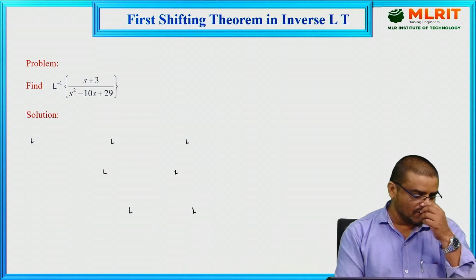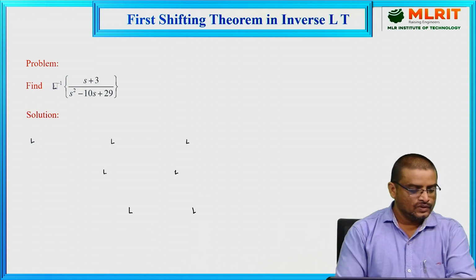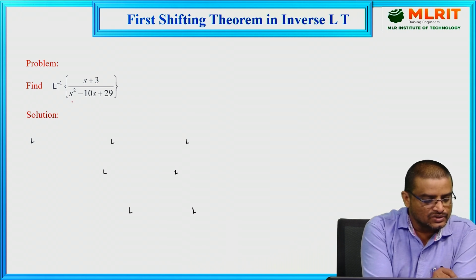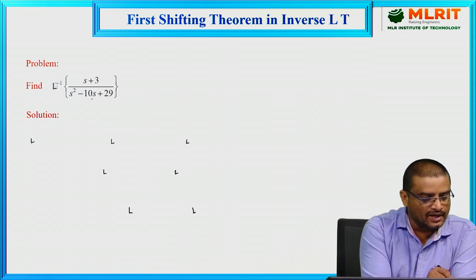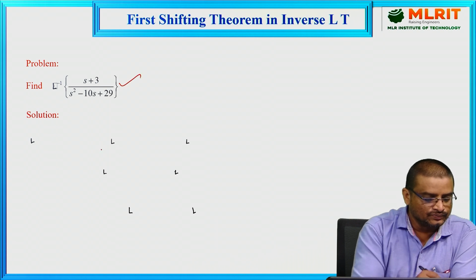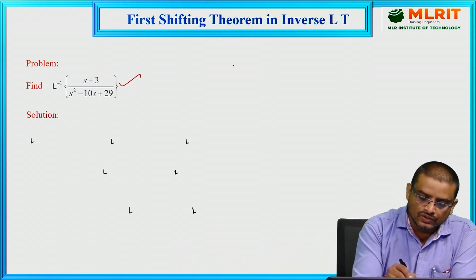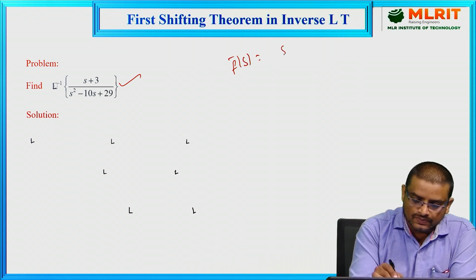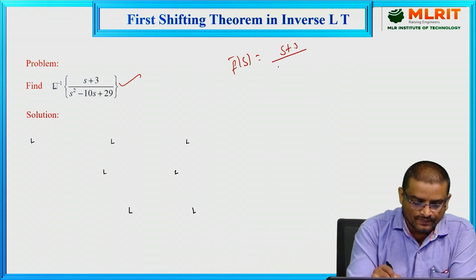Now let us take one more example here. L inverse of (s plus 3) by (s square minus 10s plus 29). This is our problem. So here our f bar of s is equal to (s plus 3) by (s square minus 10s plus 29).